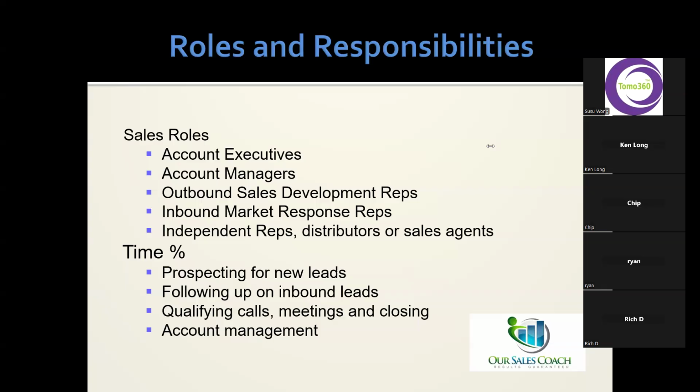What we're talking about here is how you be strategic with your time. Because if you want to sell to everybody, then you're going to need to bring in a lot of capital and expand your sales force significantly. Okay.